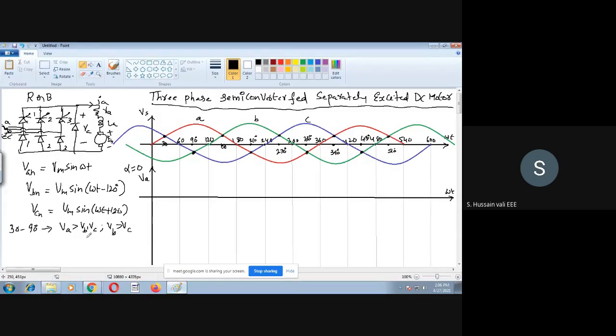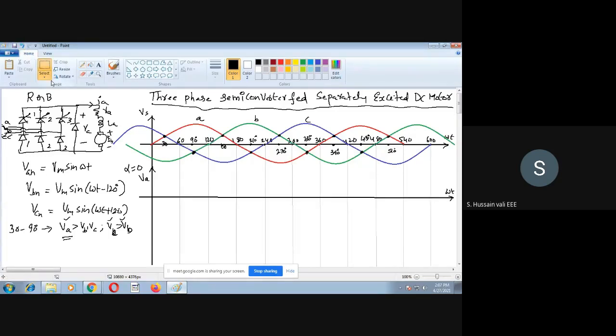So it means out of all the three, VA, VB, VC, the highest is VA and the lowest is VB. VC is greater than VB. Just check between 30 to 90 yourself. VA is greater than both VB and VC.